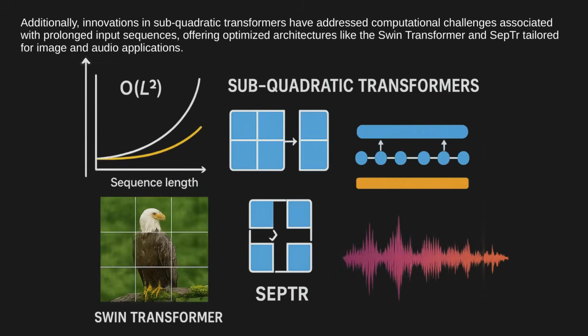Additionally, innovations in subquadratic transformers have addressed computational challenges associated with prolonged input sequences, offering optimized architectures like the Swin transformer and SepTr tailored for image and audio applications.